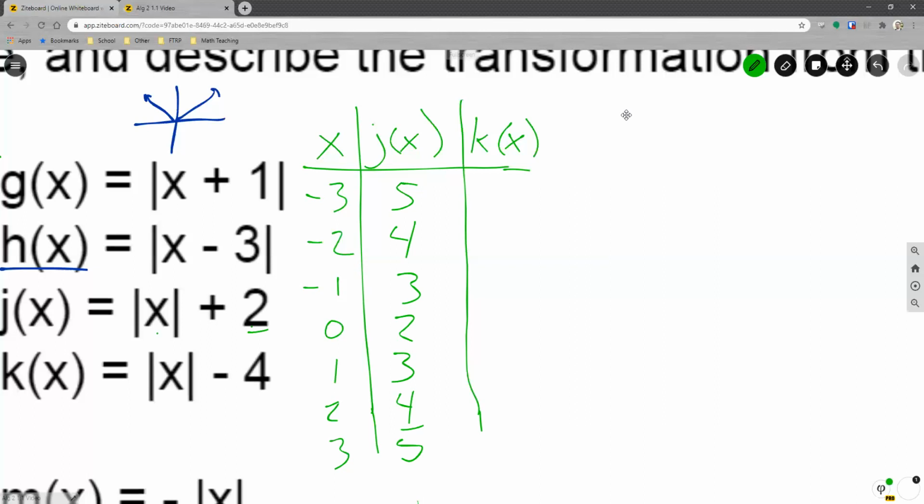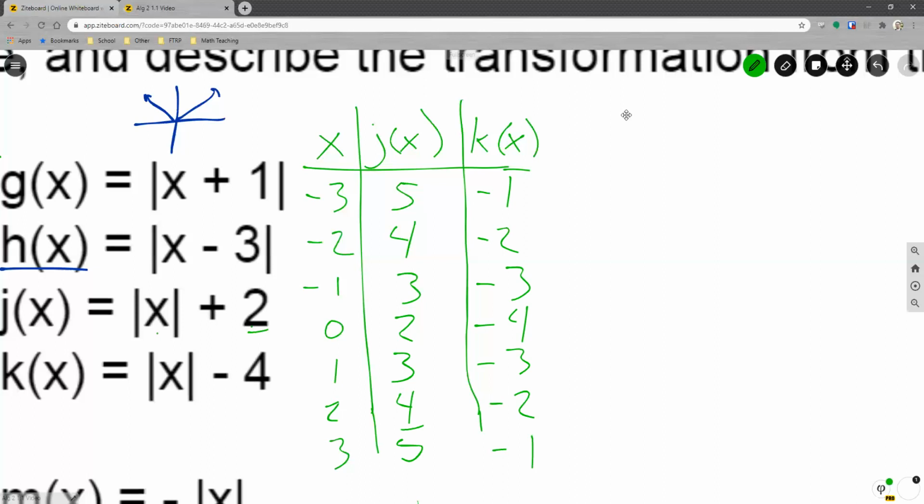And then on the k of x, if I plug in the absolute value of -3, I get +3, minus 4 gives me -1. -2 for x gives me an absolute value of 2, minus 4 gives me -2. We get -3, -4, and then I start going uphill again here, -3, -2, and -1.